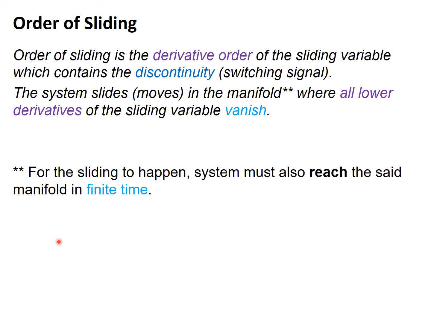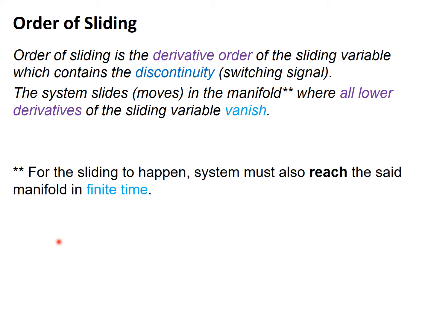Not only this, the definition has a second part. The system must move in the manifold where all lower derivatives of the sliding variable vanish.